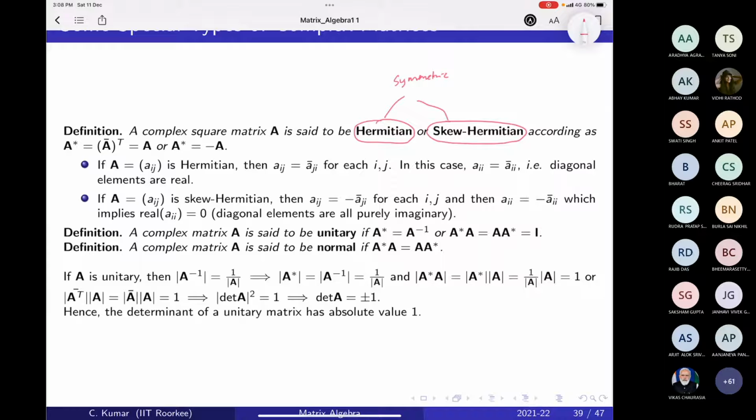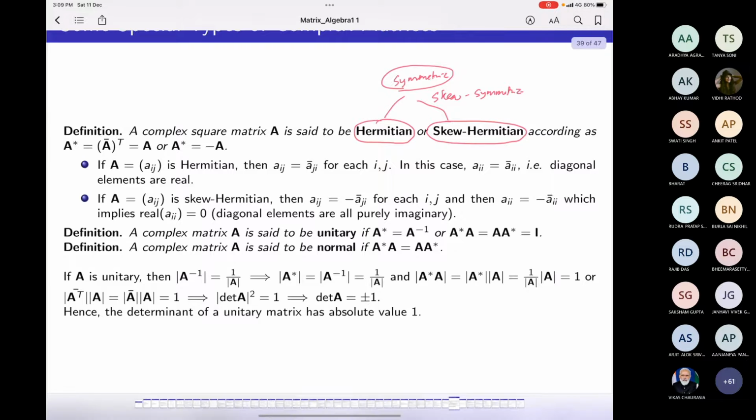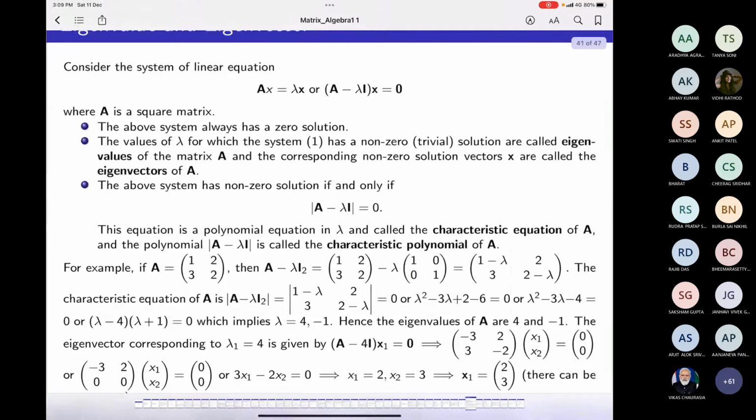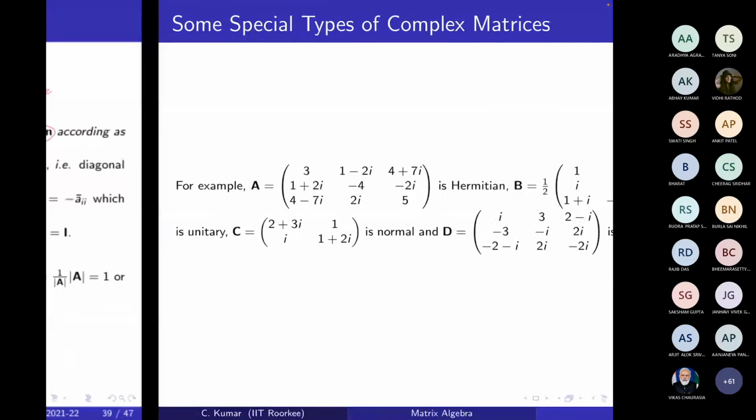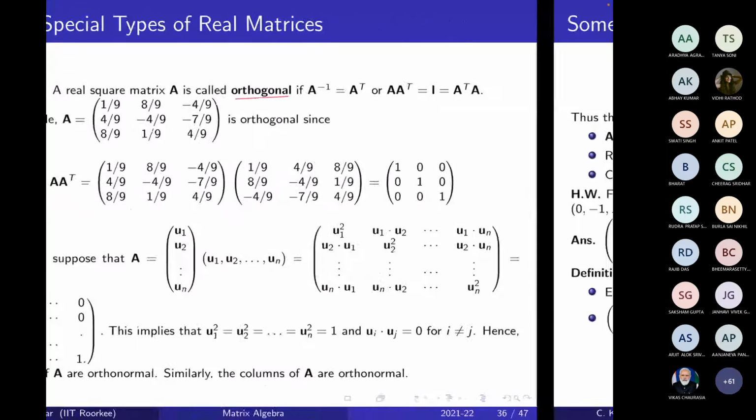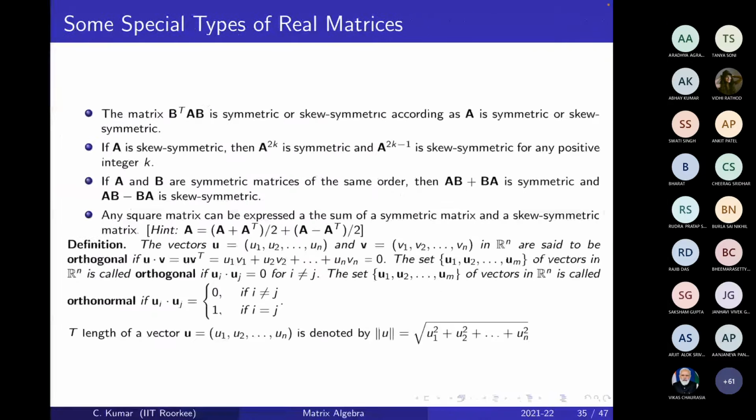The real part of the Hermitian matrix is symmetric matrix, and the real part of skew Hermitian matrix is skew symmetric matrix. And then that will conclude this section, and then we will move to eigenvalues and eigenvectors, which is a very interesting topic. So let us see the definitions one by one.